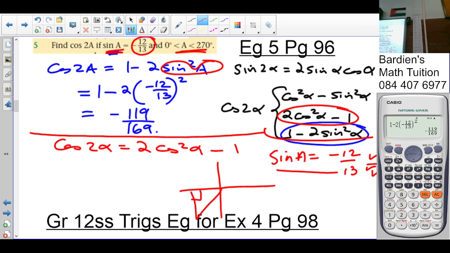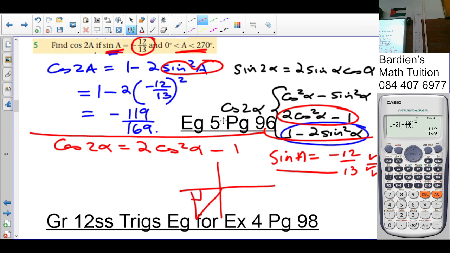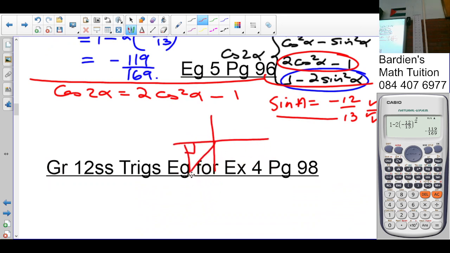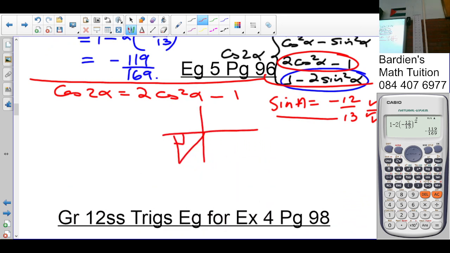Sine stands for opposite over hypotenuse, negative 12 over 13. Apply Pythagoras, I get negative 5. And this is your alpha angle. So what do we have now? 2 cos squared alpha minus 1. Cos is adjacent over hypotenuse, which is negative 5 over 13.